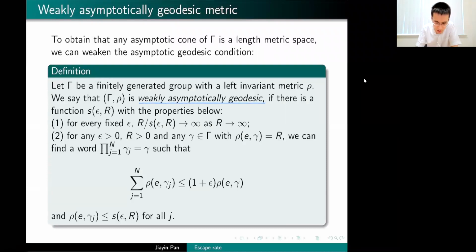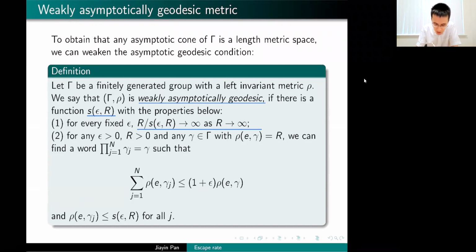The only difference here is that instead of S epsilon, we say S epsilon of capital R, and we require R over S epsilon of R goes to infinity as R goes to infinity.